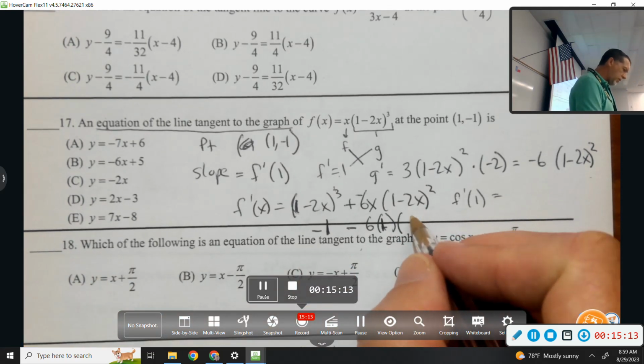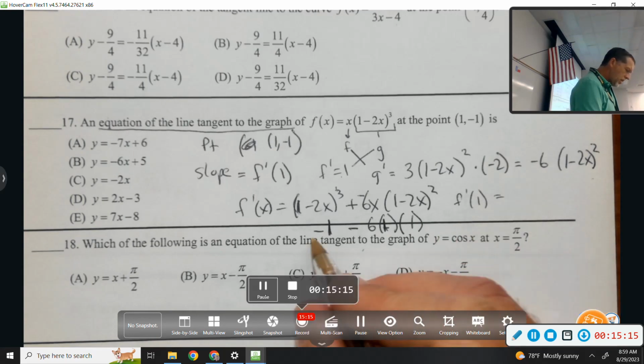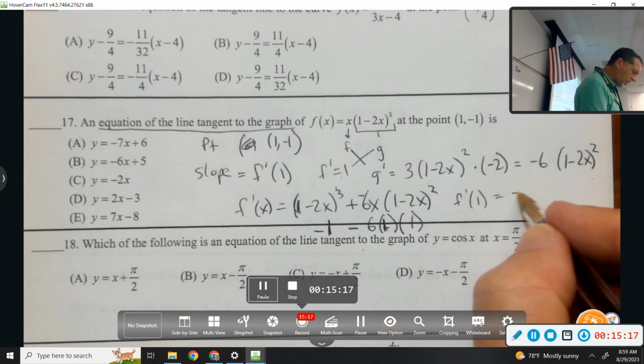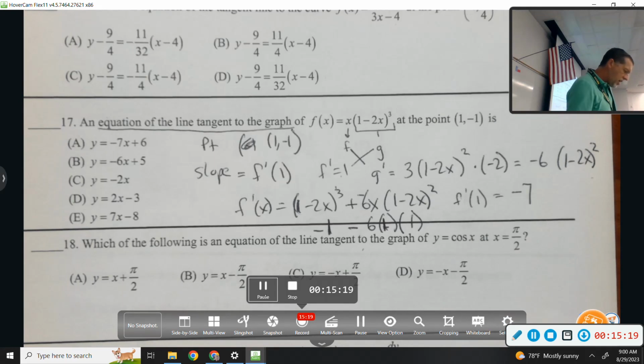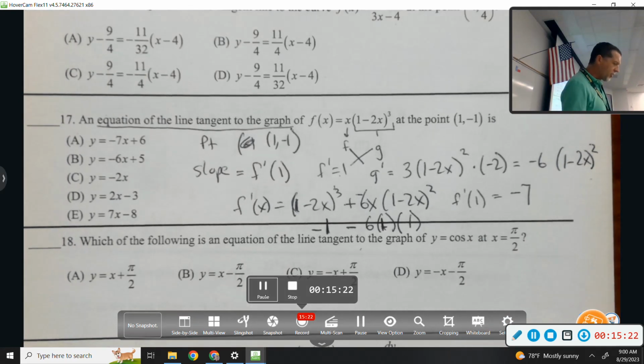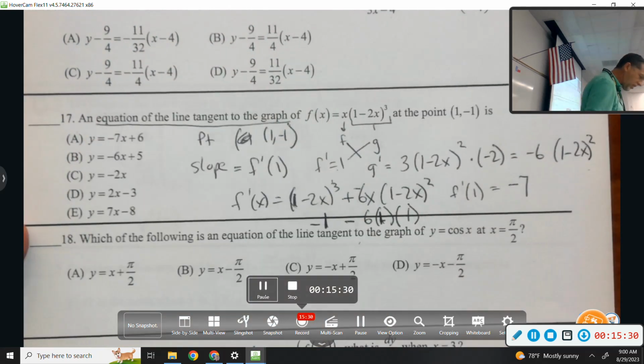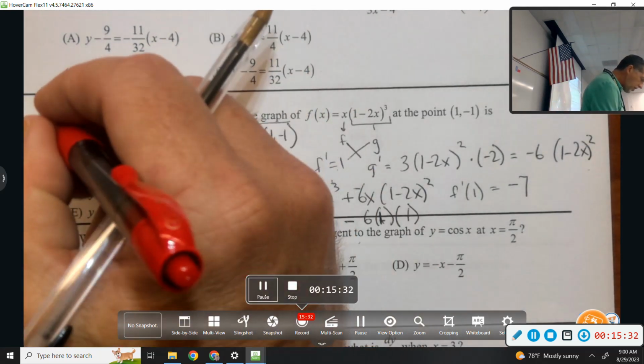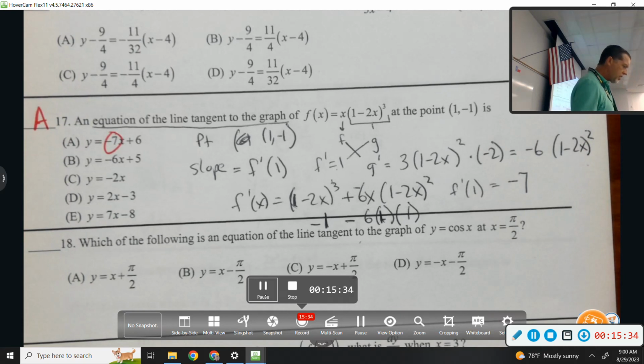Square that, we get positive 1. Negative 1 minus 6 is negative 7. And I look at my answer choices, and that's great news, because I don't really need to write the whole equation of the line. Only one of those has a slope of negative 7. So I didn't really need to write an equation, because I was able to find my answer before I got there.